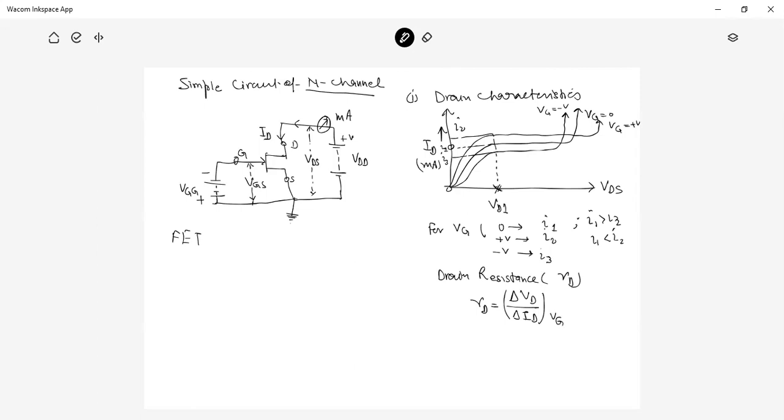VG is constant. So we can calculate at this point, making a triangle. So this part is ohmic, here it is saturation, and this part is breakdown.